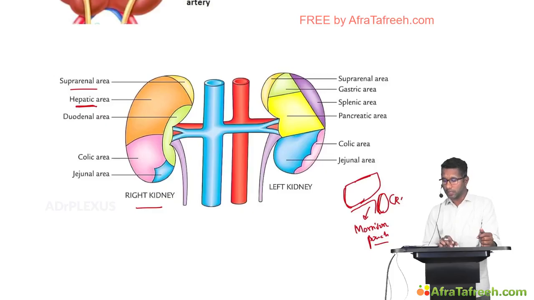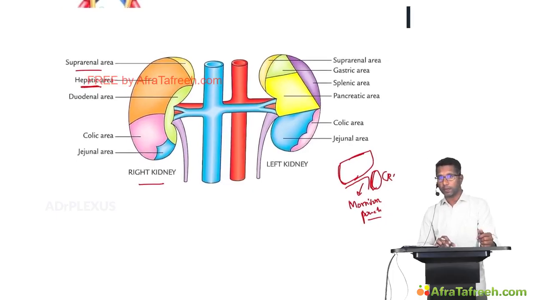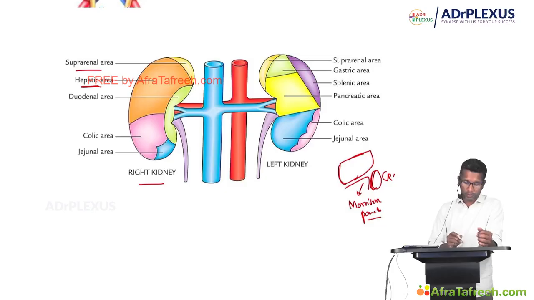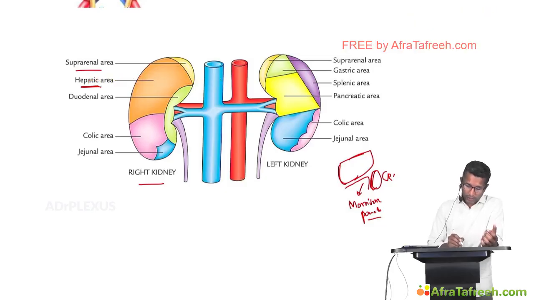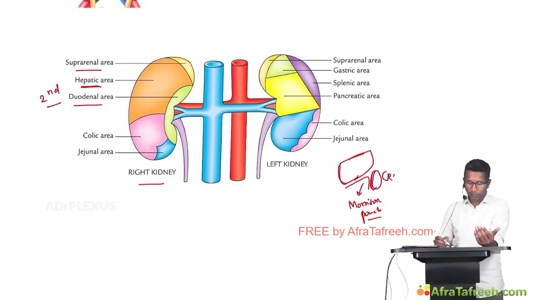Yes guys, I have just adjusted my screen now. Fine. So this is about the liver which is related to the right kidney. Next comes the duodenum, and I have told you it is the second part of the duodenum which is related. Next comes the colic area.